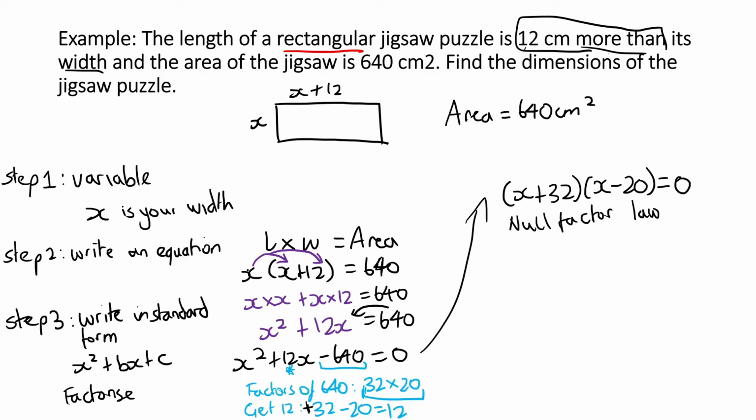So either x plus 32 is equal to 0, or x minus 20 is equal to 0. Move it to the other side. x is equal to minus 32, or x is equal to 20.